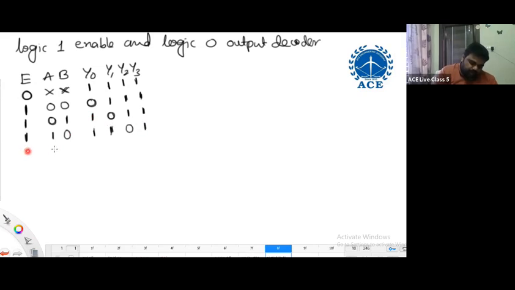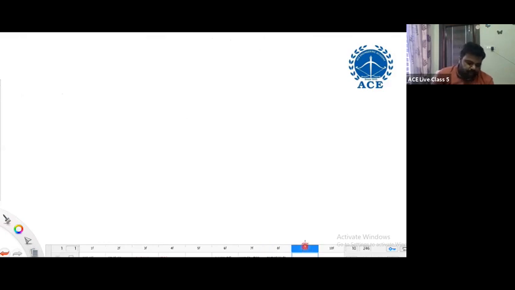When E equals 1 and AB is 1, 1, Y3 is 0, remaining are ones. Done. Complete that representation as well as the implementation for this. And one more I'm writing here.